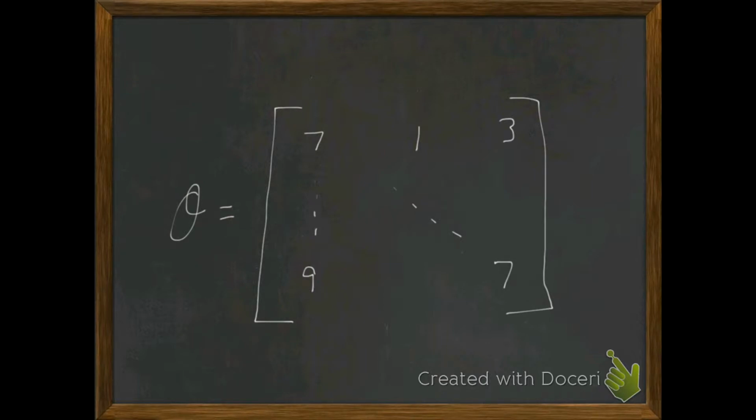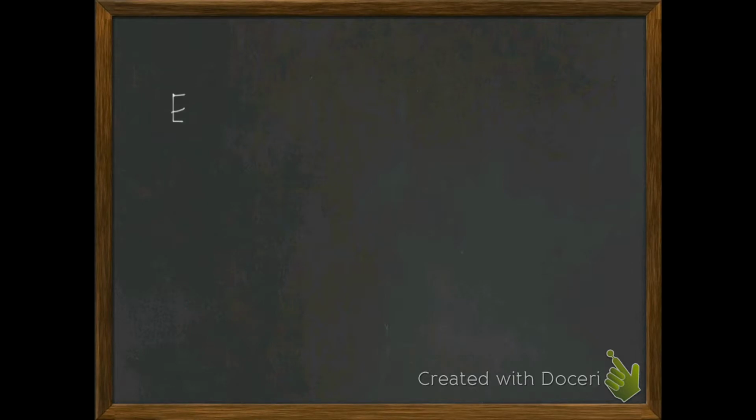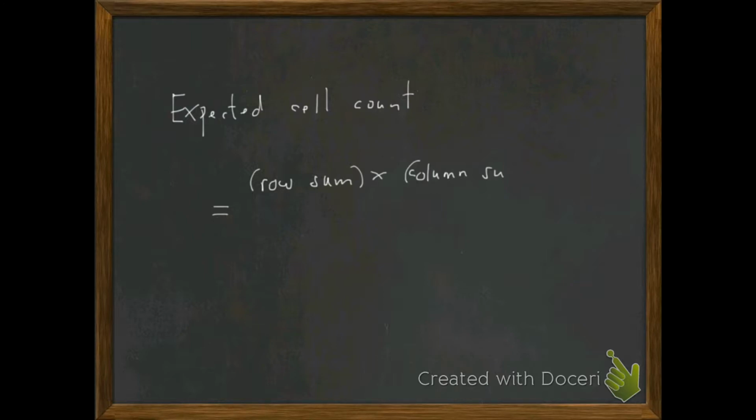Now, our expected count is calculated by taking the row sum times the column sum divided by capital N, which is the grand sample size.